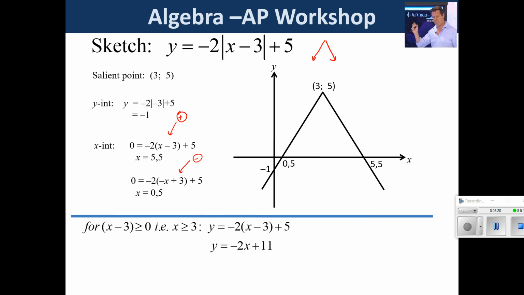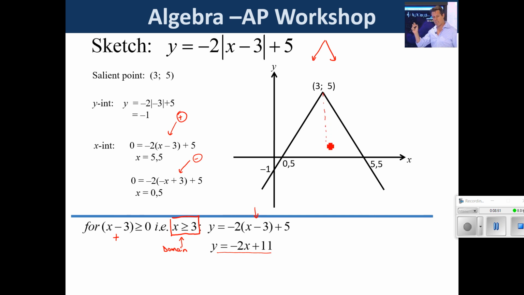So if I looked at this graph again from scratch, I could say, well, the inside here is positive. x minus 3 is greater than or equal to 0. That means then that x is greater than or equal to 3. This now becomes the domain for my new graph. And I substitute in saying, well, this was positive, and when I multiply out, I'm actually drawing this graph for x is greater than or equal to 3.